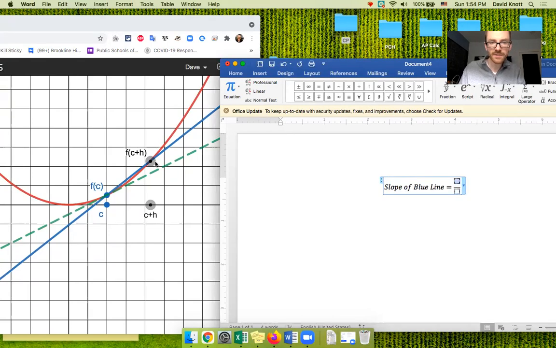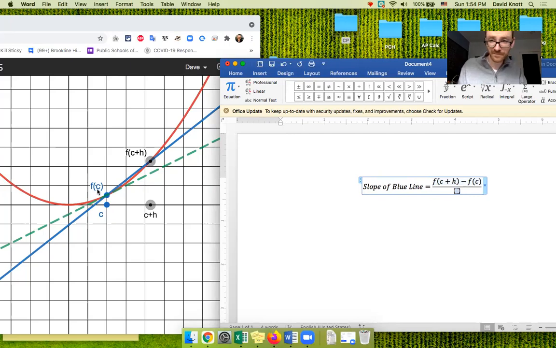The rise is the difference in the y coordinates. The y coordinate of this point here is f of c plus h, minus the y coordinate of this point right here, which is just f of c. That's the difference in the y coordinates of the two points.